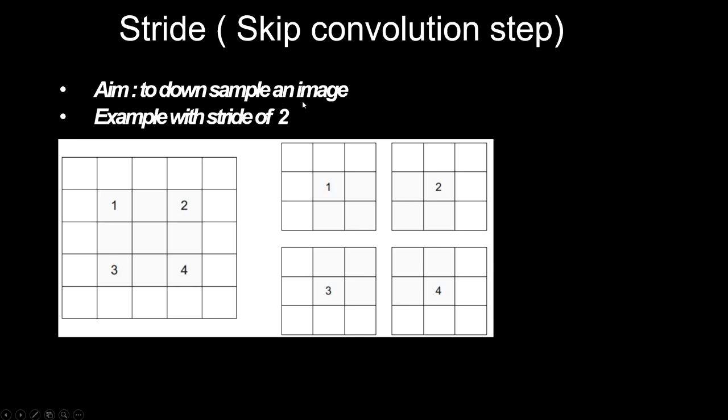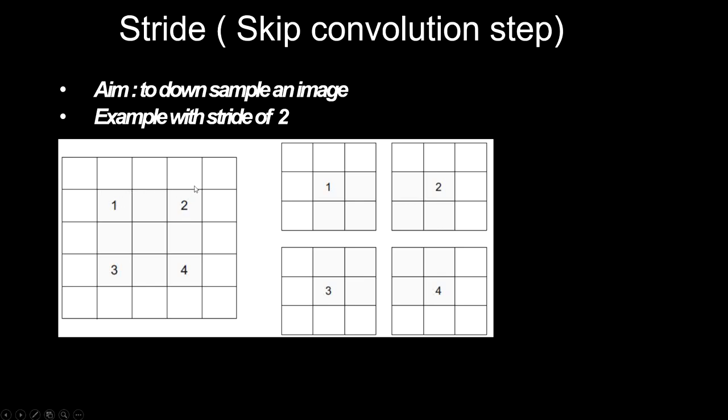So for example, if we have the convolution process with a stride of 1, it means that you just move from one step to another.